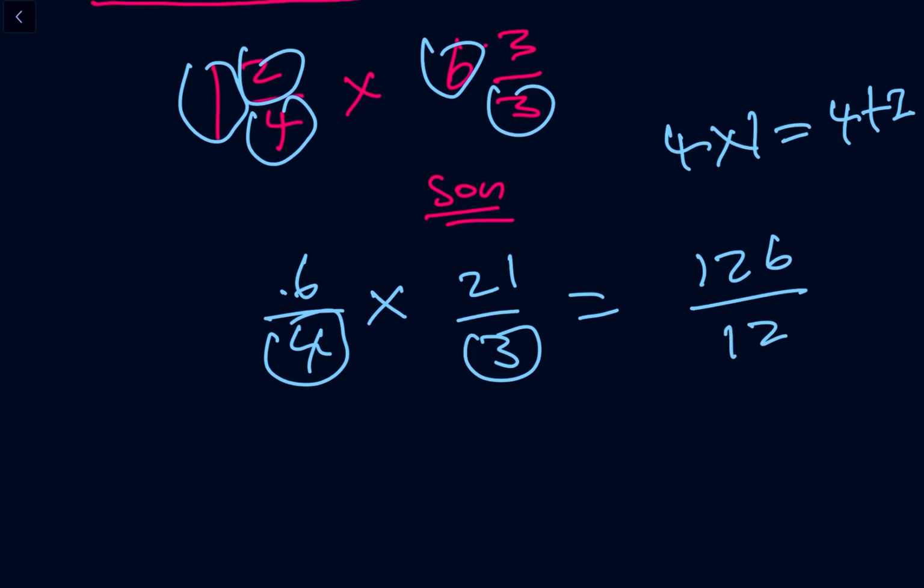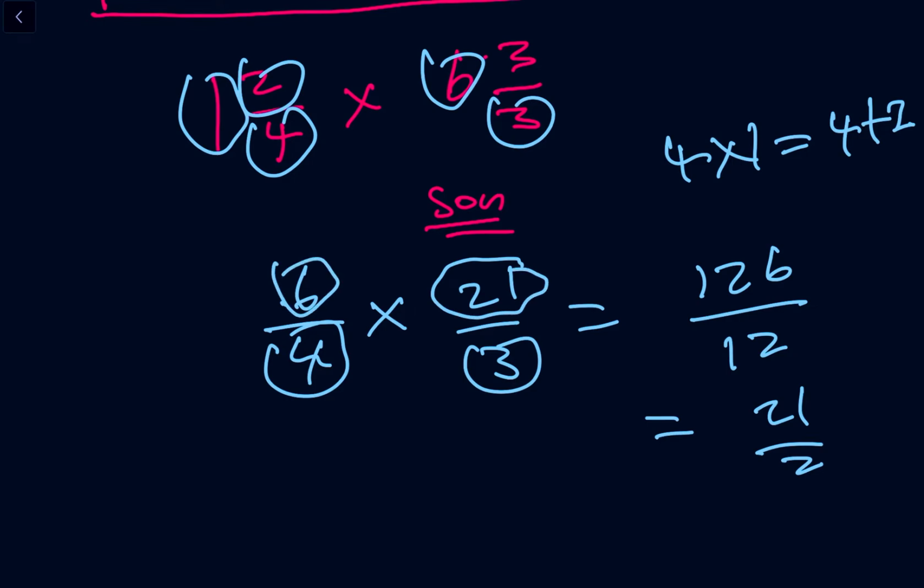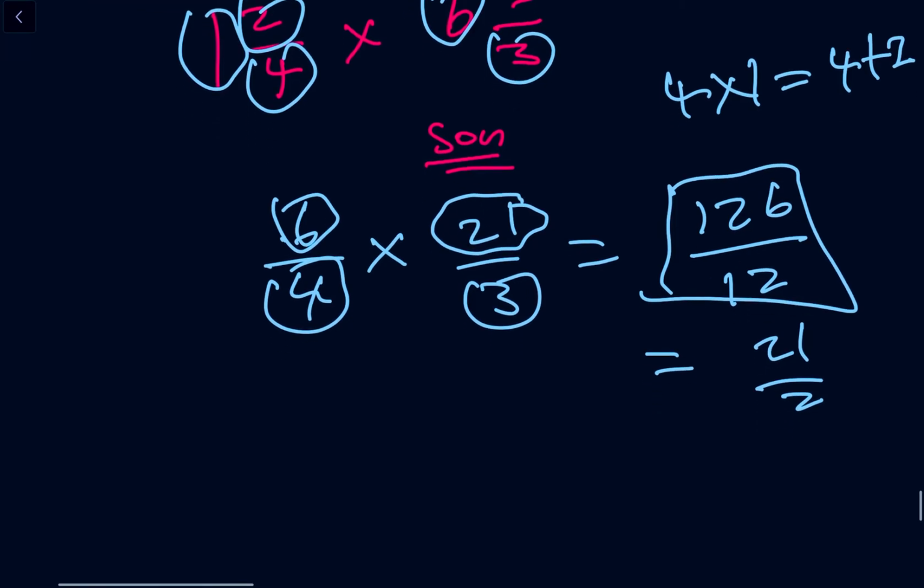Try to divide it if it can divide. Yes, when you divide 126 by 12, you end up getting 21 over 2. So all you have to do is multiply the numerators, multiply the denominators, and then divide your answers to reduce it. So that is how you multiply fractions.